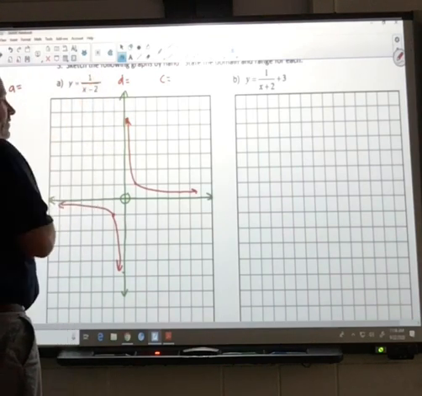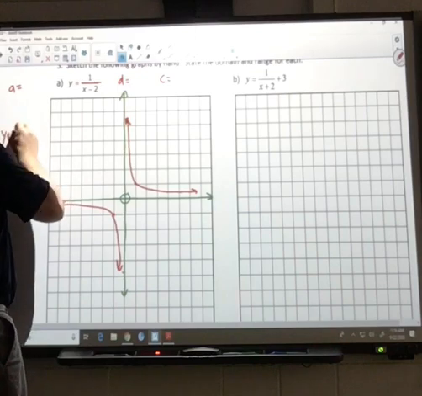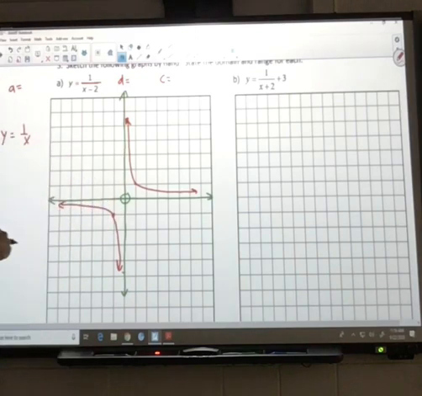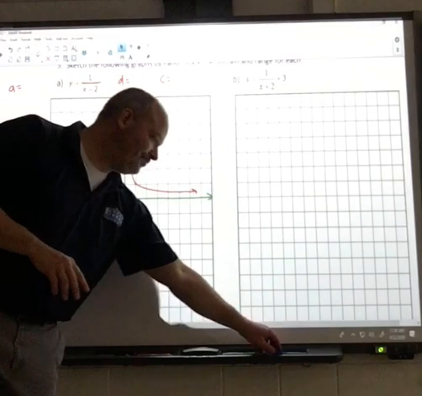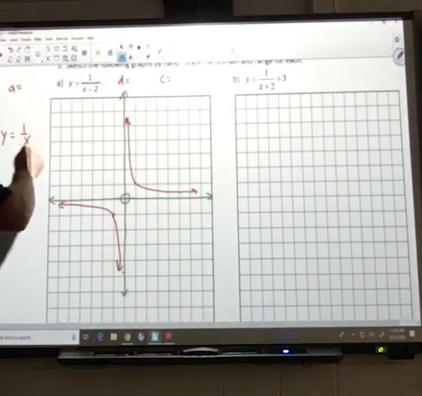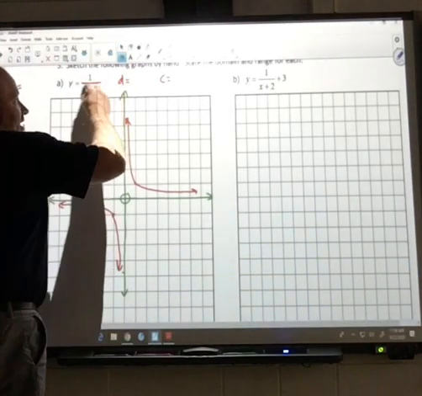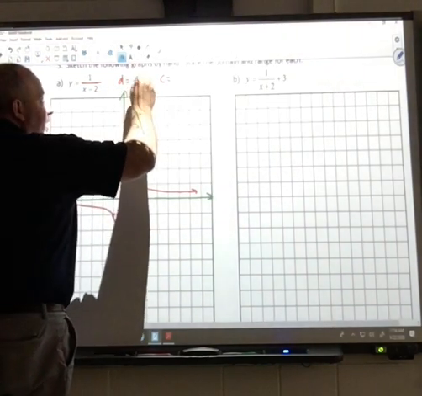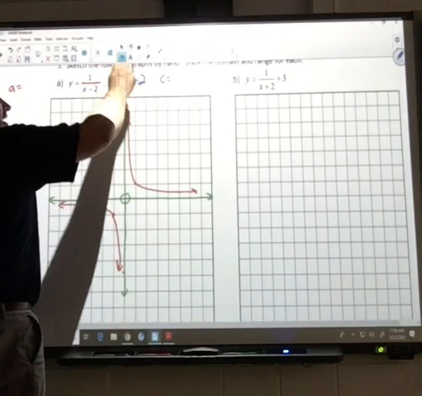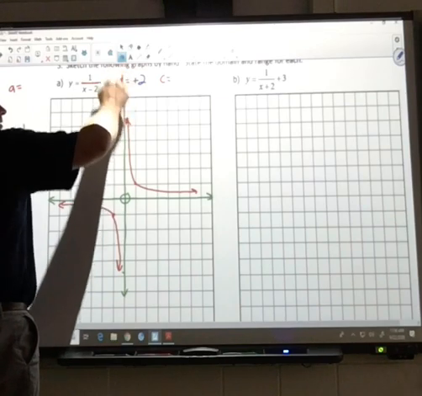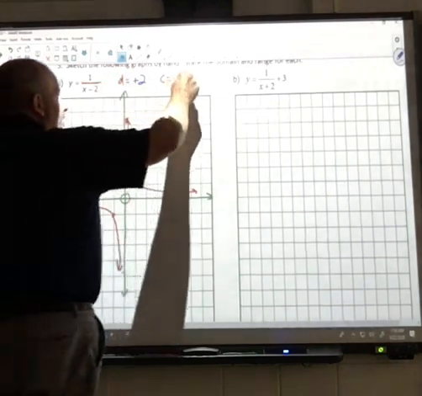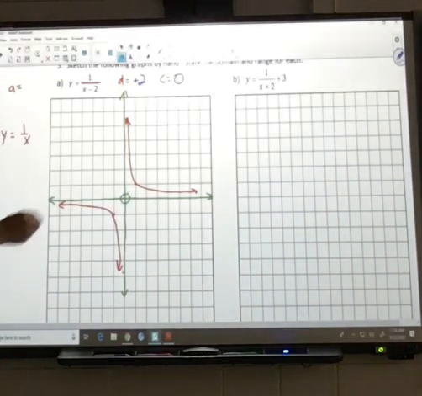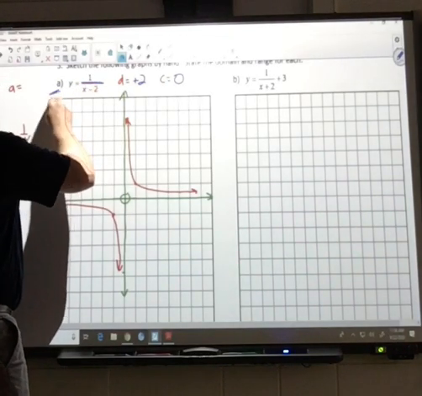Well, remember, the reciprocal function, y is equal to 1 over x, is the parent function. The reciprocal function is all about being under something. And so the D is going to be inside and under. So this is a D value of +2. My C value will be hanging out here. Is there anybody hanging out there? No, there's nobody. Okay? So I'm going to sketch this guy in blue.